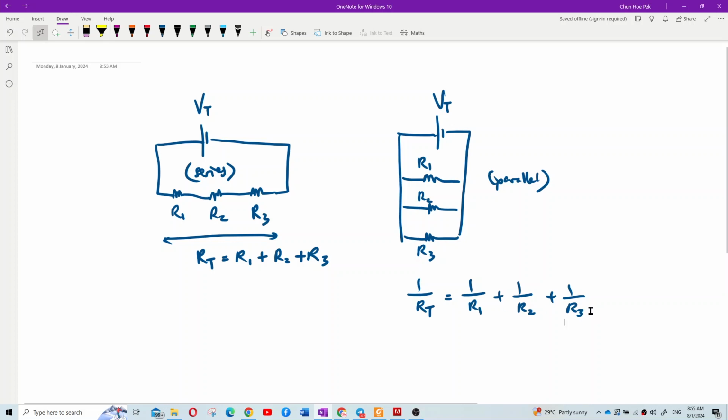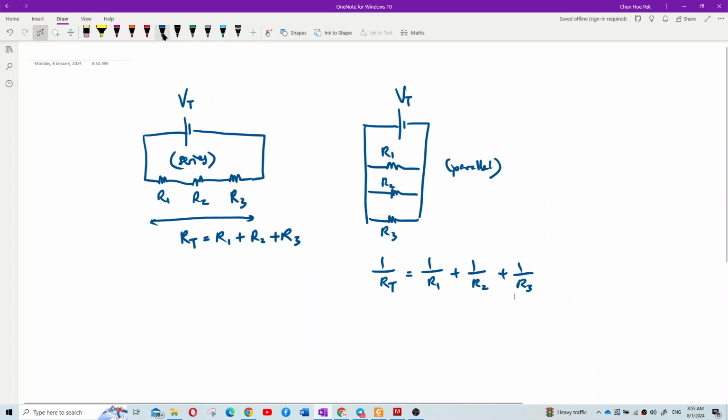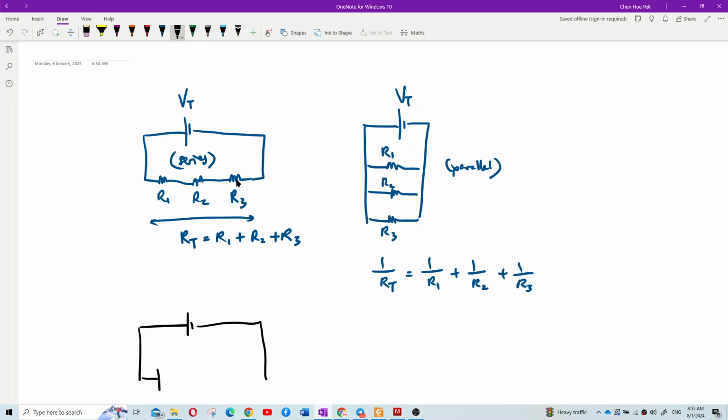But do you know that if I change to capacitor, first thing I want to tell you is I straight away go to the final point. If I use capacitor instead of resistor, let me draw capacitor instead of resistor.